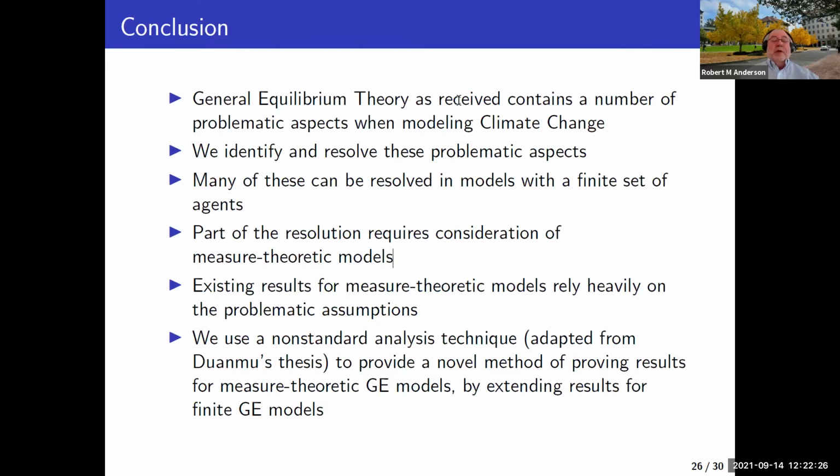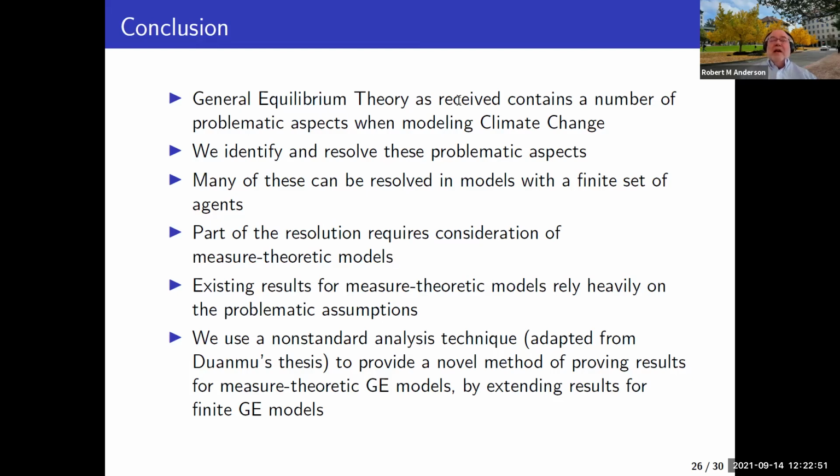So let me turn to the conclusion and sum up what we've been trying to do and what we think we've done. General equilibrium theory is almost 250 years old. In its developed form, it mostly goes back to the 1970s or early 1980s.